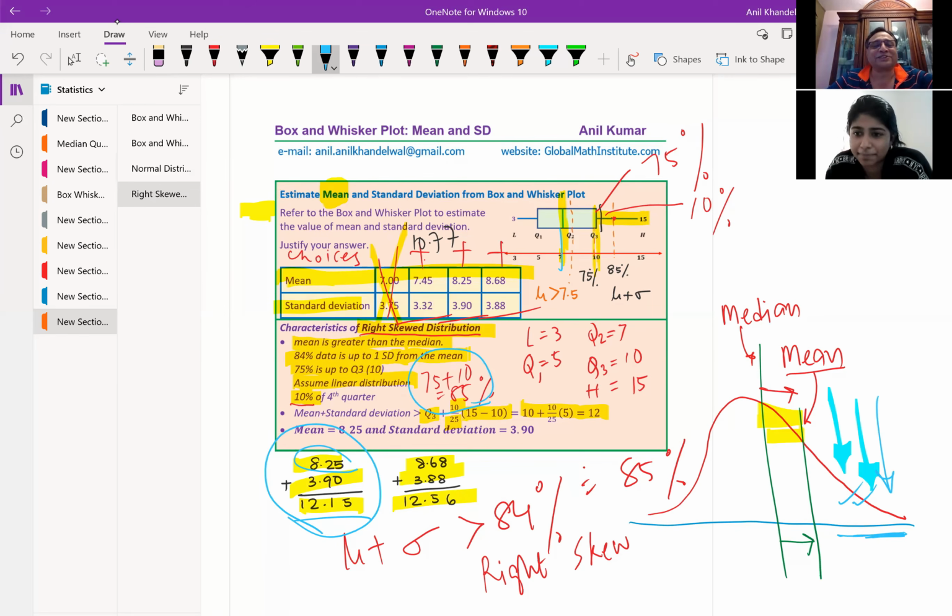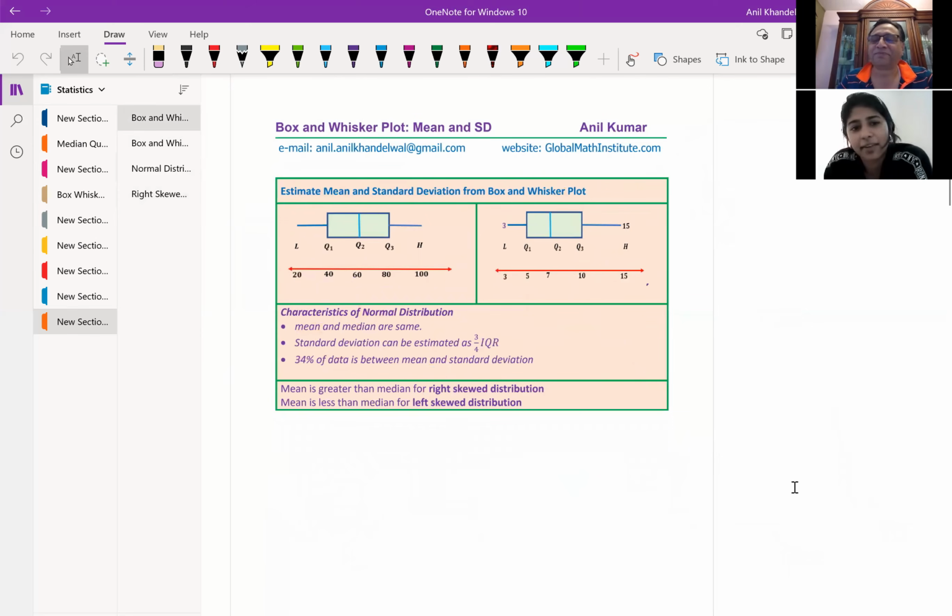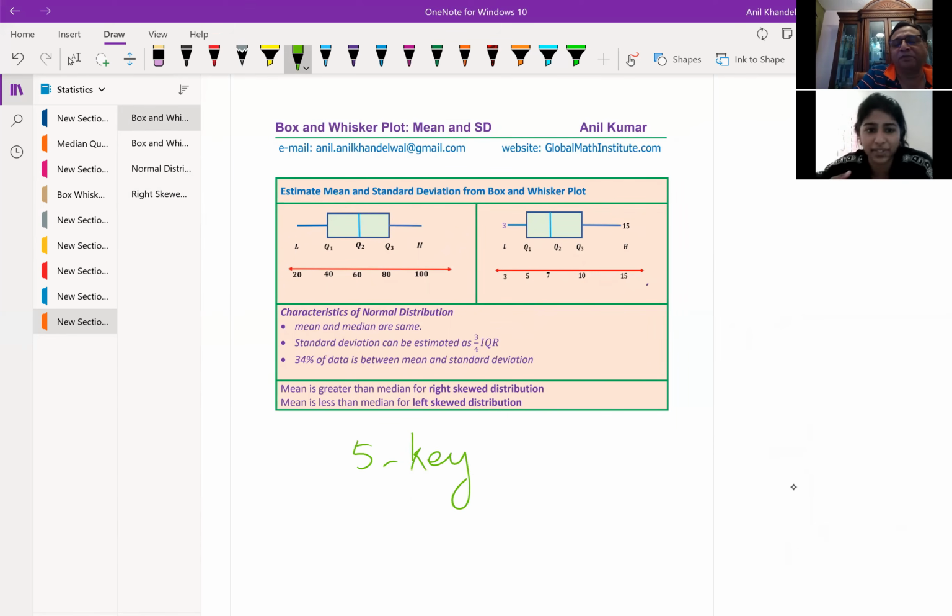So now, can you summarize what we have learned today? So the main thing is, with box and whisker diagrams, or plots, you can figure out what the quartiles are and the highest and lowest value, but that's what I thought it was.